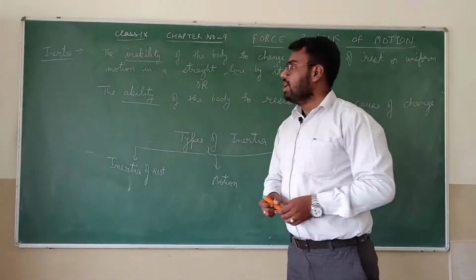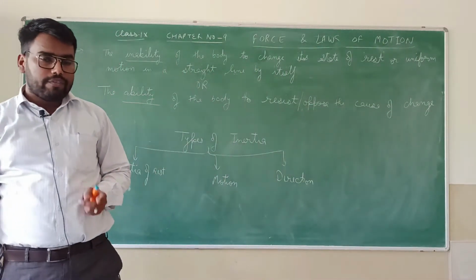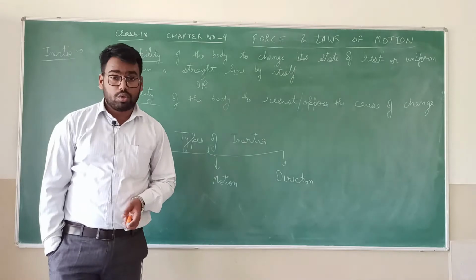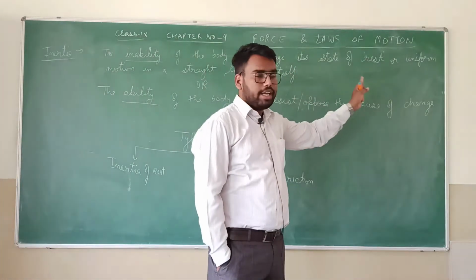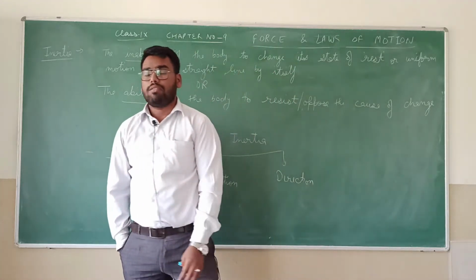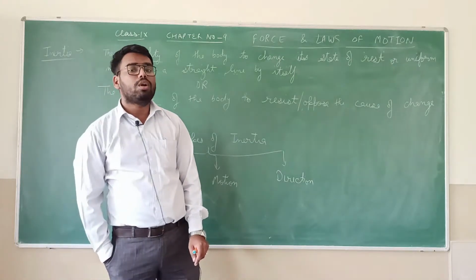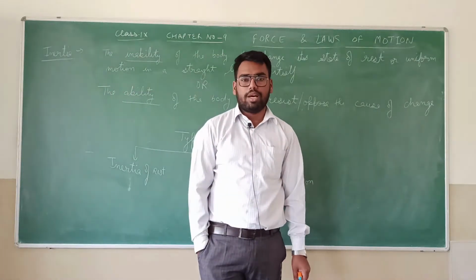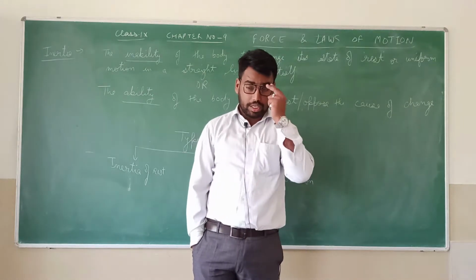That means it is the inability of an object. Every non-living object in the universe is unable to change its state by itself. If an object is at rest, it will remain at rest for a long period of time unless it is living. Living objects can move by their own.